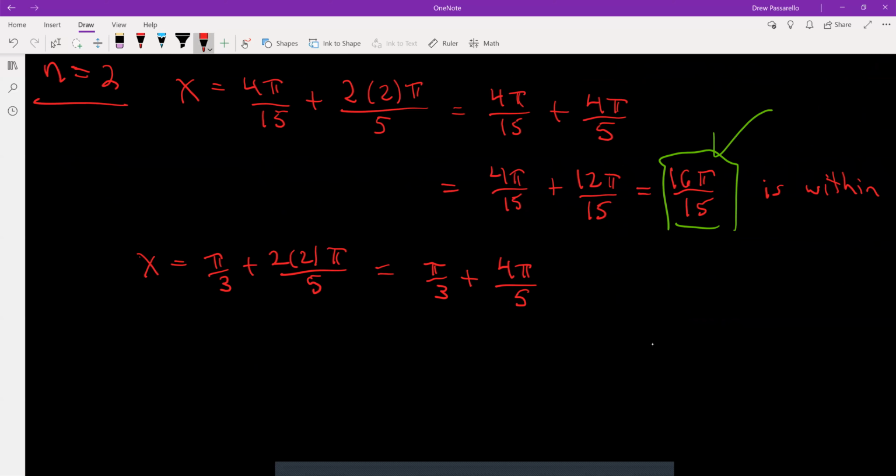So 15 is the common denominator. So that's going to make this 5 pi over 15. Then I'm going to change this to 12 pi over 15. 12 plus 5, so that's 17.